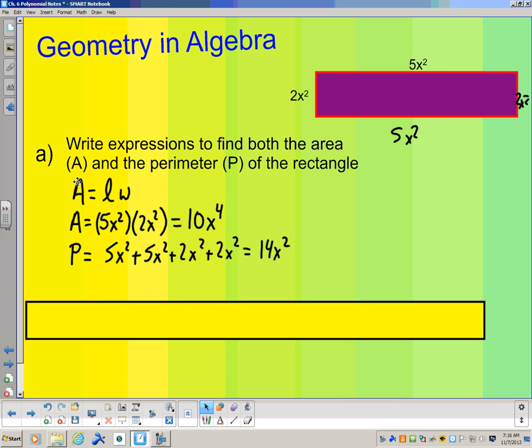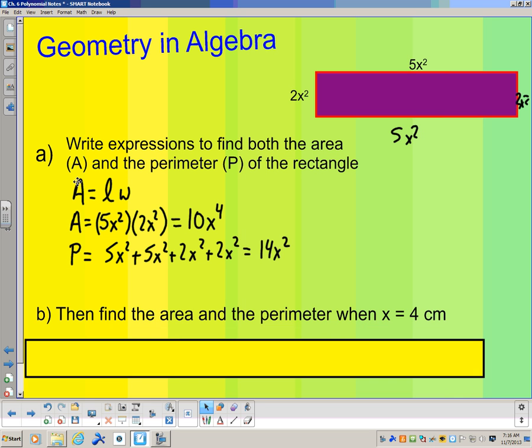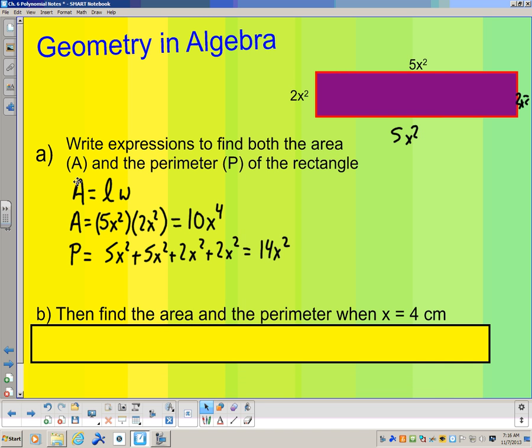So now we got another question down here. It says, then find the area and perimeter when x is equal to 4. So let's find the area there. That means we're looking at the answer that we have in part A for area. It's 10x to the 4th. So I'm going to rewrite that down here, 10x to the 4th.